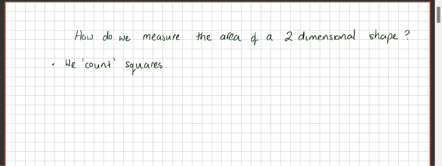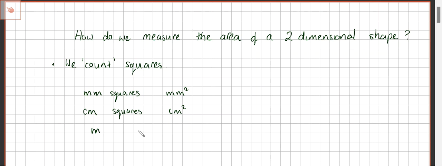Make sense? Now, those squares could be tiny, tiny squares or bigger ones. Right? We count squares. We could have millimeter squares, which we would say millimeter with a little 2. They could be centimeter squares, which is a centimeter with a 2.